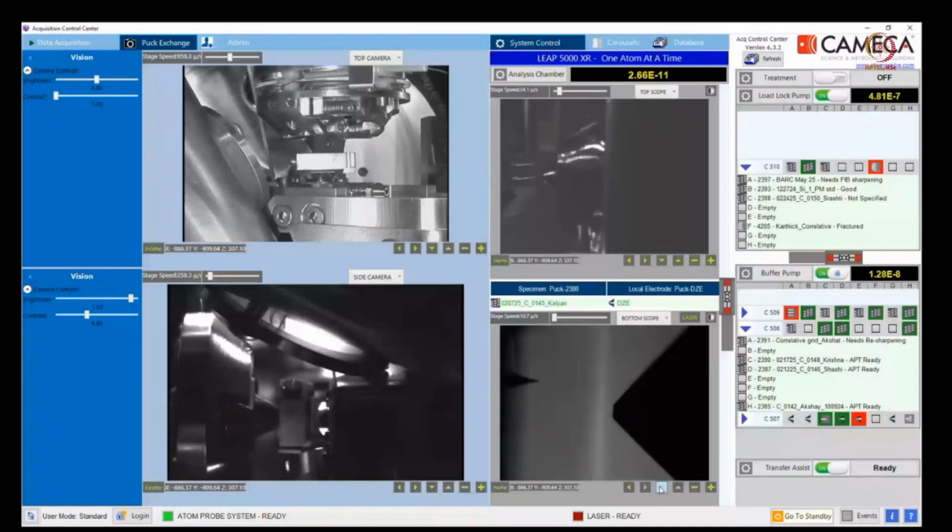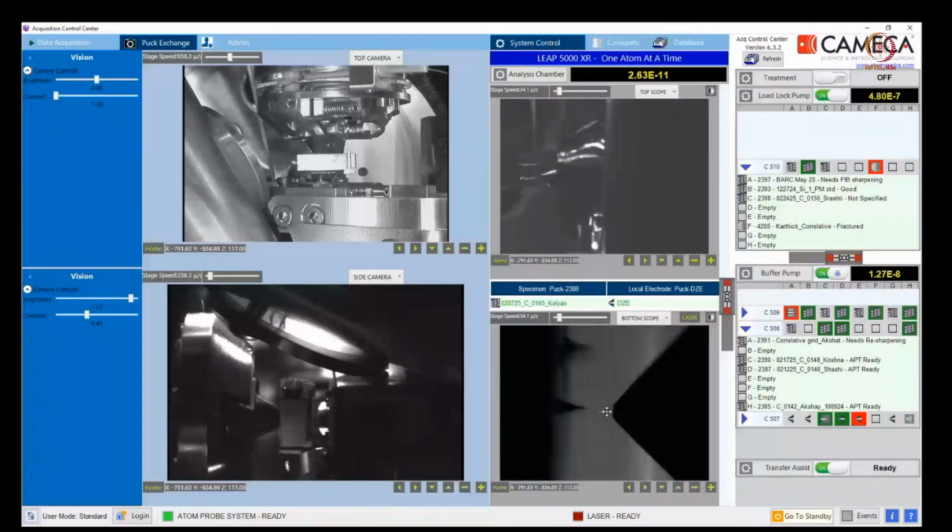Once this is done, you can see some tips came into the field of view of the local electrode in the right bottom window. So now I'll align this tip right in front of the local electrode. I'll center it and then I'll try to focus these tips.